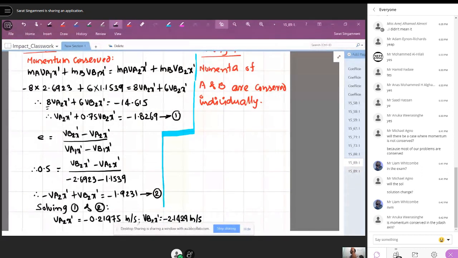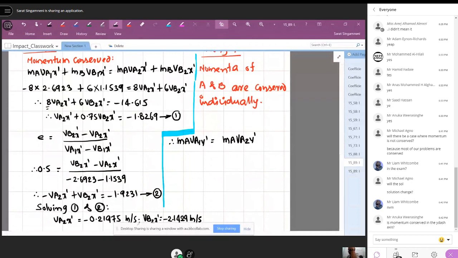So what does it mean? Therefore, MA VA1 y dash, that is the momentum of A before the collision, must be equal to mass of A times VA2 y dash, that is the momentum of A after the collision.